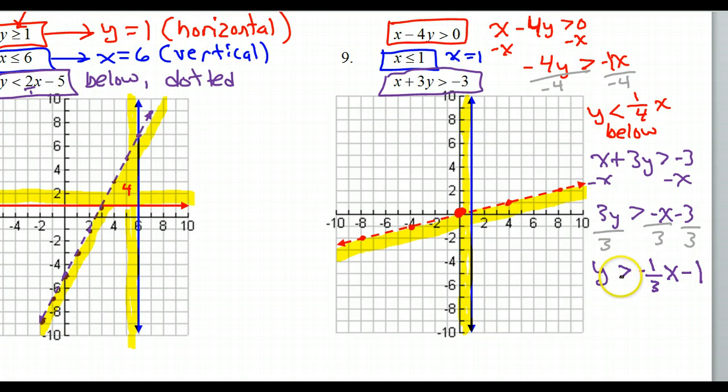Okay, so this is the inequality that we have to graph. We'll start at -1, and then go down 1, right 3 from there.